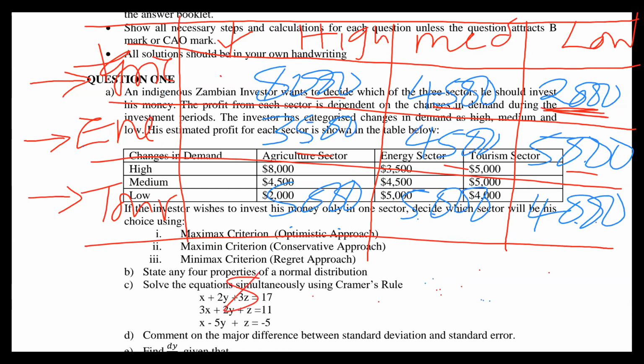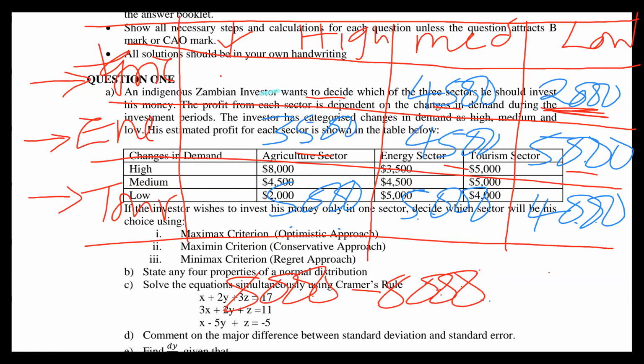So you say 8,000 minus 8,000. What does it give us in agriculture? Zero. So it means that there is 0 regret, isn't it, when the demand is high and we invest in agriculture?